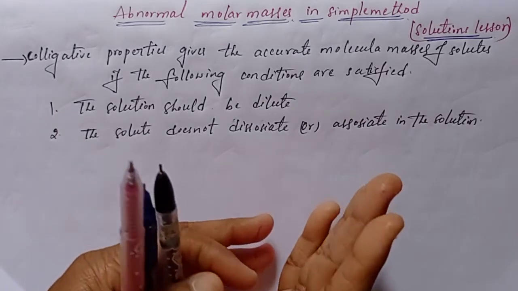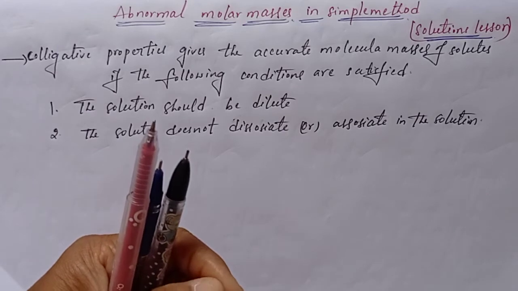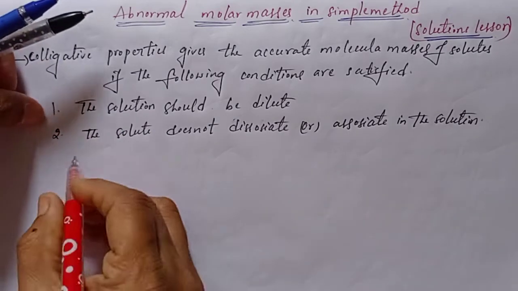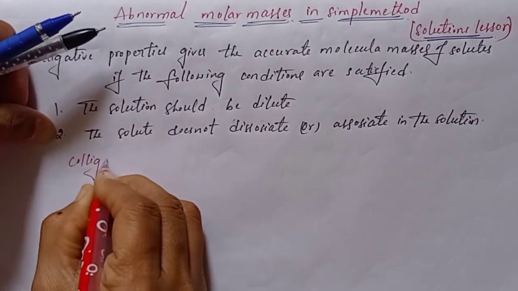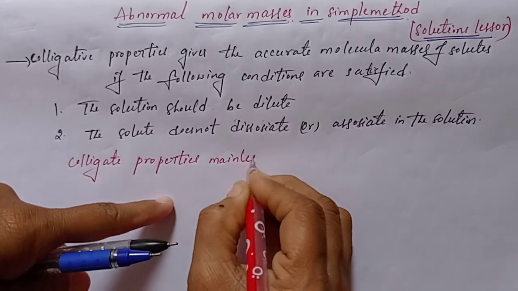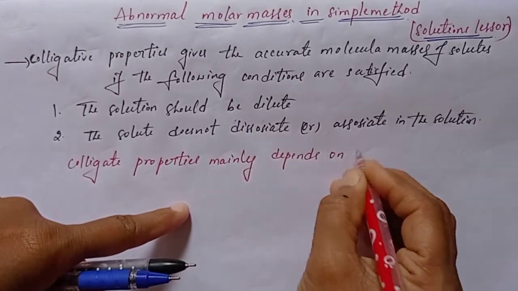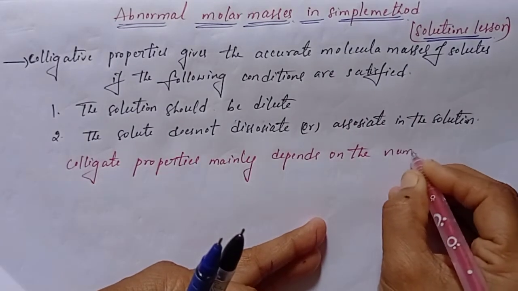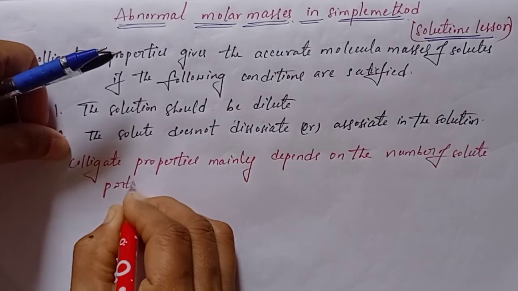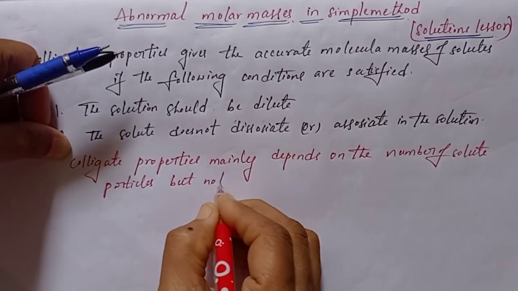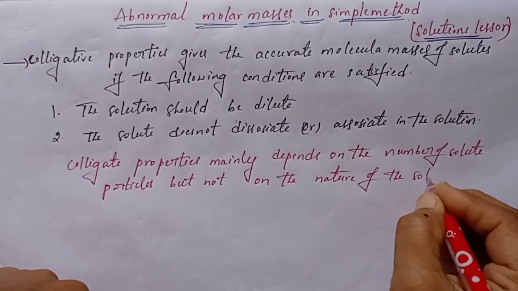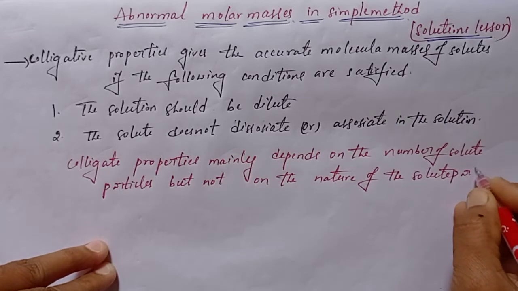The main point, students: colligative properties mainly depend on the number of solute particles but not on the nature of the solute particles.